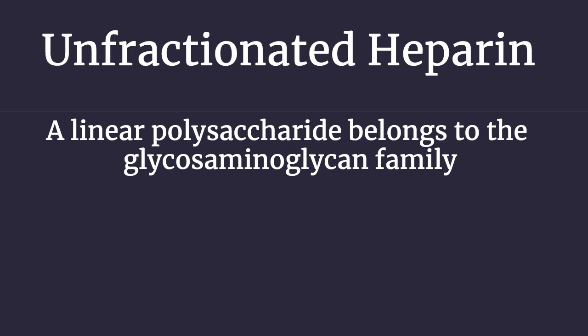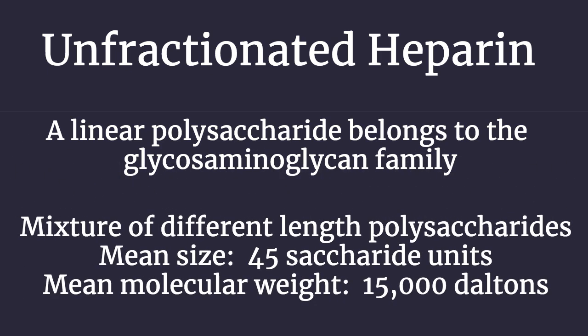However, the unfractionated heparin that we use clinically is a mixture of different length polysaccharides. These have a mean size of approximately 45 saccharide units, could be a little bit more or less, and this then has a mean molecular weight of approximately 15,000 Daltons.